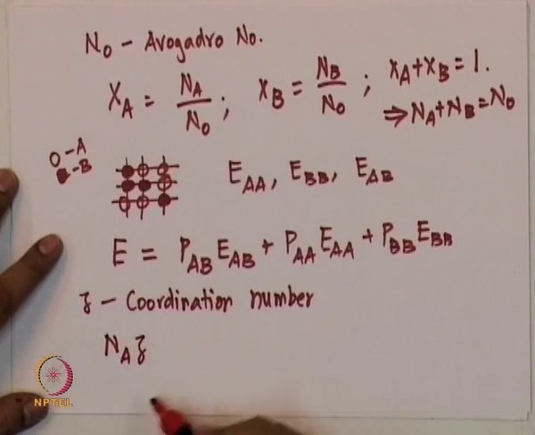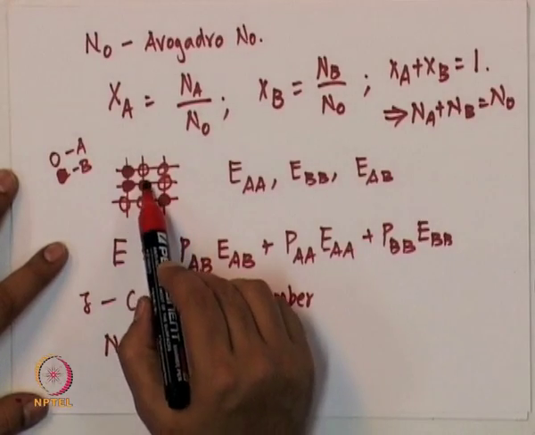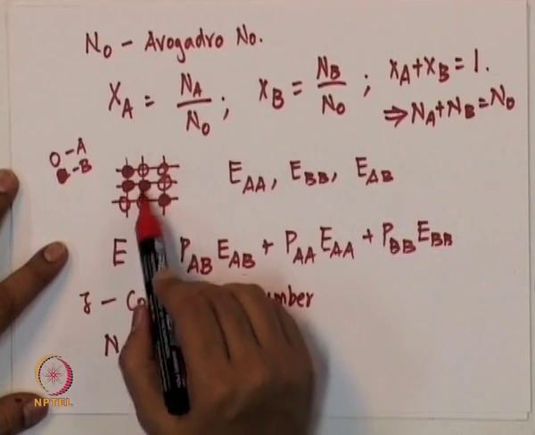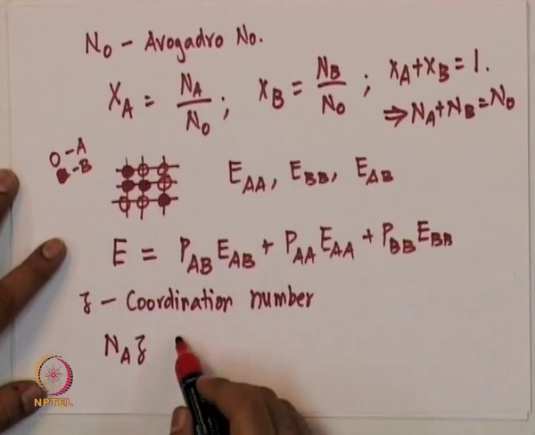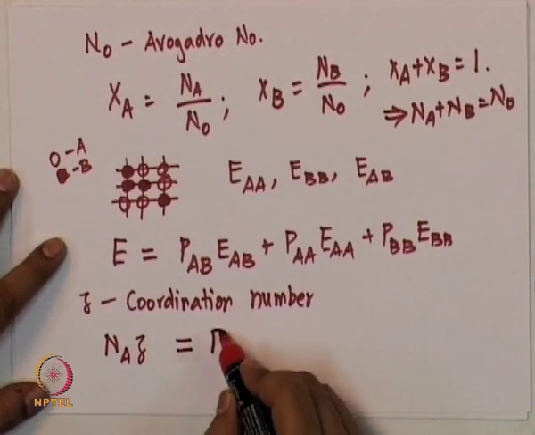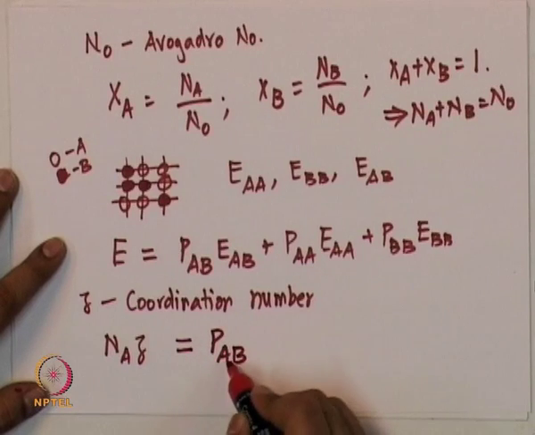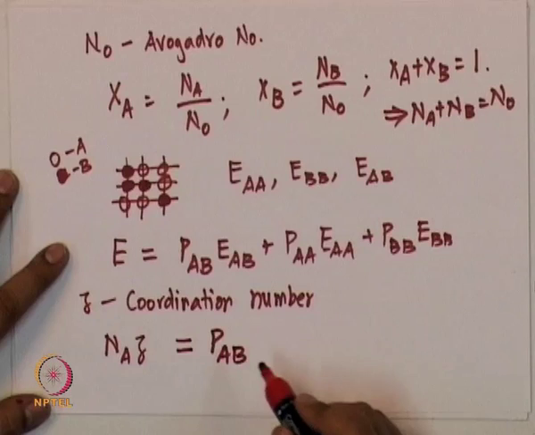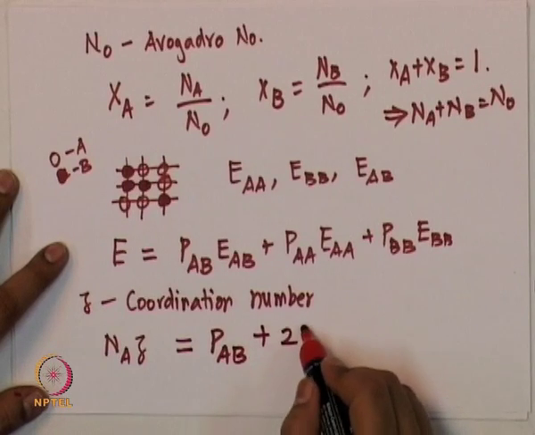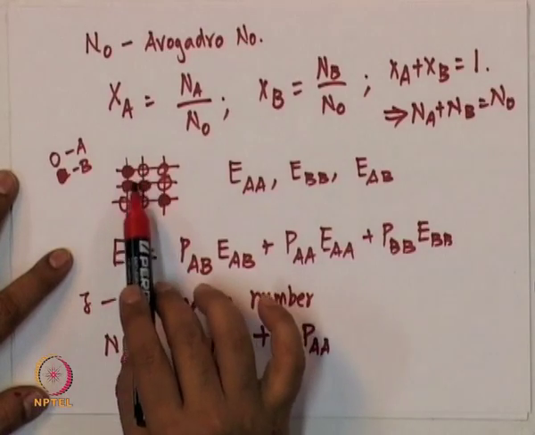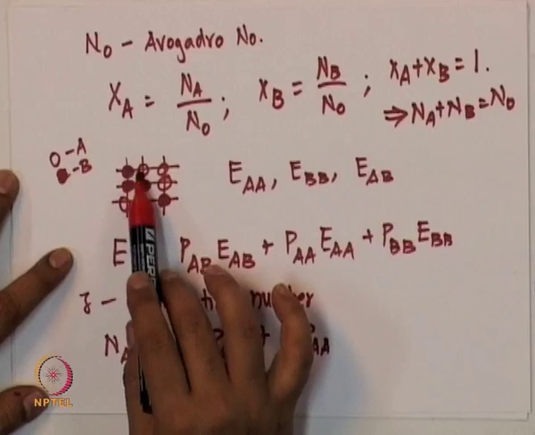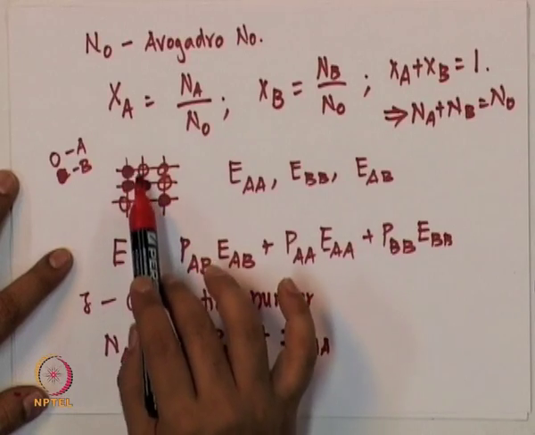So, that will be the total number of A bonds, because if I have an A atom here and if I have 4 neighbors, so it will have 4 bonds and so on and so forth, right, and that will be equal to the total number of AB bonds, because in each there will be an A atom associated, plus 2 times the number of AA bonds, because if I have an A atom here I will count, and if that also happens to be an A atom, for that also I will count towards this bond.